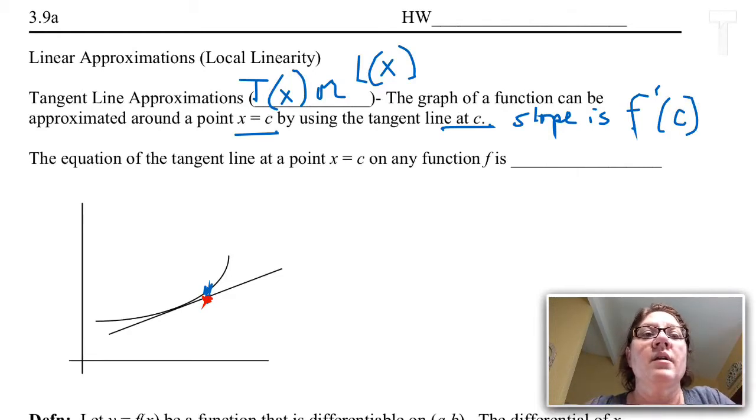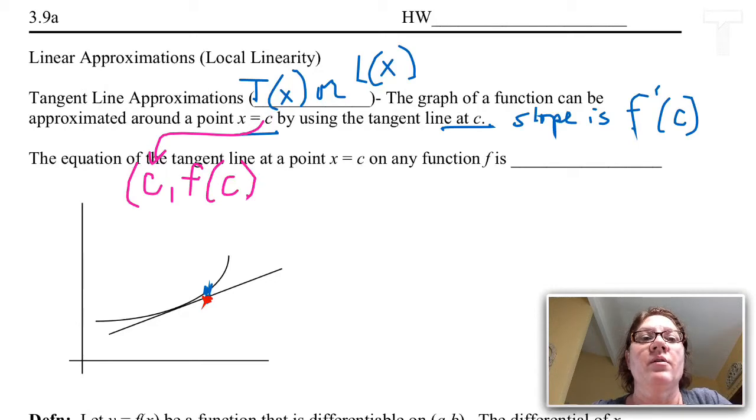And in addition to that, I'd really be using the point c, because we said x equals c, and of course its corresponding y value, which would be f of c. In other words, the y value when x is c.